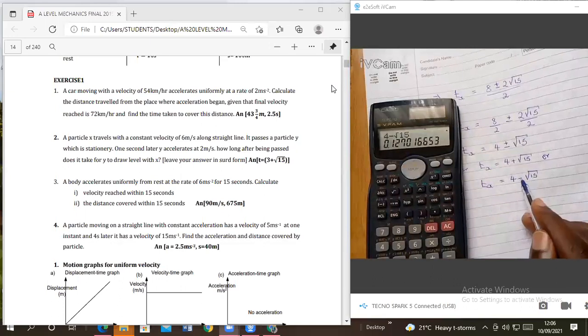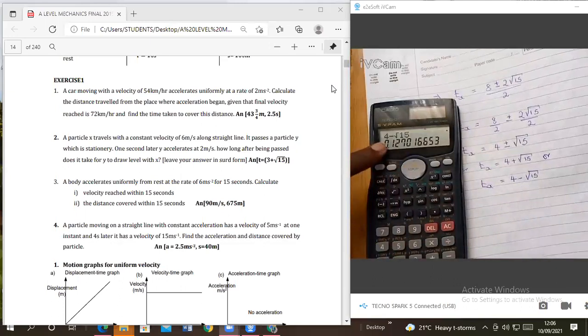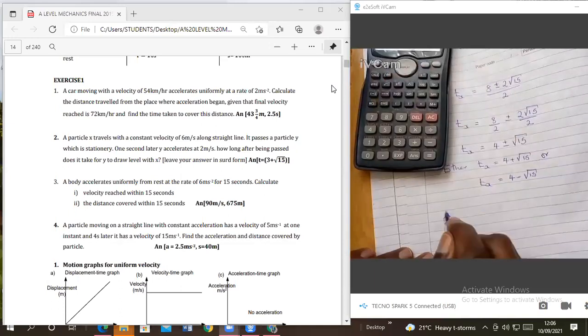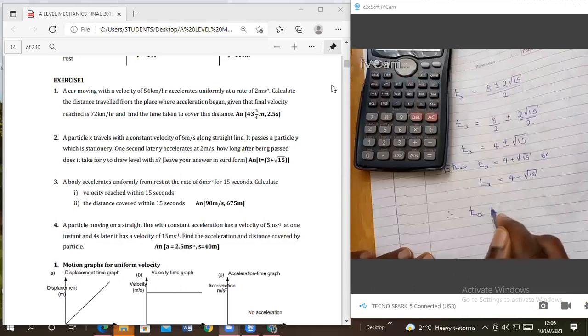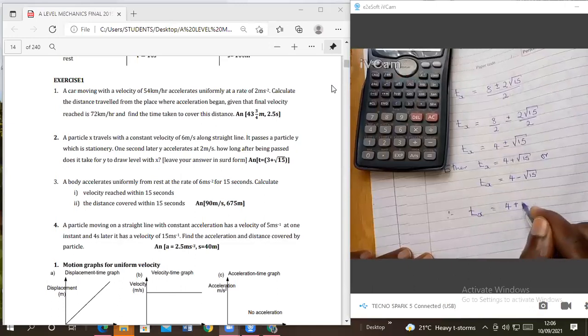When it's minus, we get the time is 0 point something. So which time are we going to take, the plus or the minus? The plus. We take the plus. Good. So therefore, Tx is equal to 4 plus root of 15.